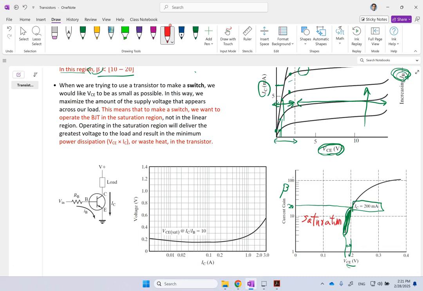On the other hand, this other region, where your gain can go up to 100 and above, you see that your VCE is changing significantly. So this side here is basically similar to your linear region. Okay, and your beta gain is typically bigger than 20 all the way to 100 and more. Beta can go way more than 100. So typically smaller beta values, smaller gain values are corresponding to saturation, and bigger gain values corresponding to amplification.